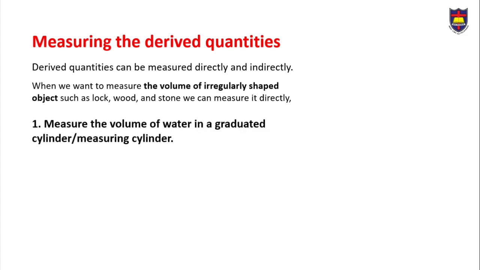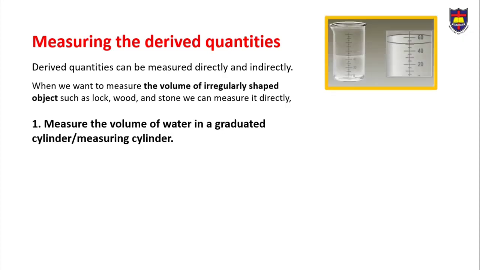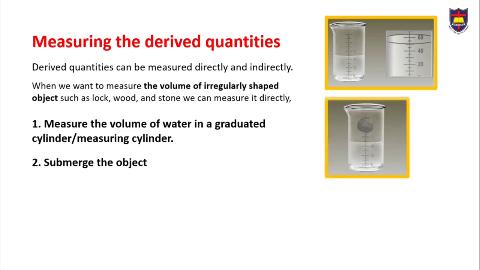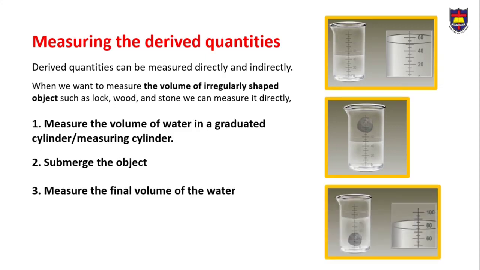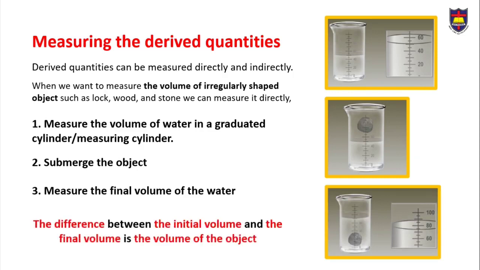First, measure the volume of water in a graduated cylinder or measuring cylinder. And then submerge the object. After that, measure the final volume of the water. The difference between the initial volume and the final volume is the volume of the object.